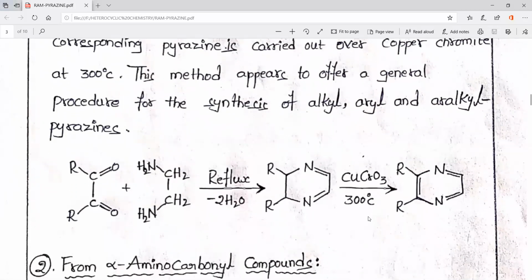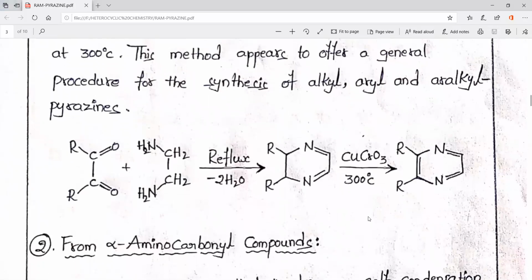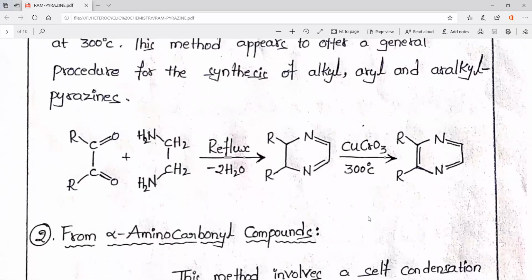It is a general method with which we can prepare various alkyl or aryl alkyl substituted pyrazines. We can vary the R groups: two alkyl groups, two aryl groups, or one alkyl and one aryl group.